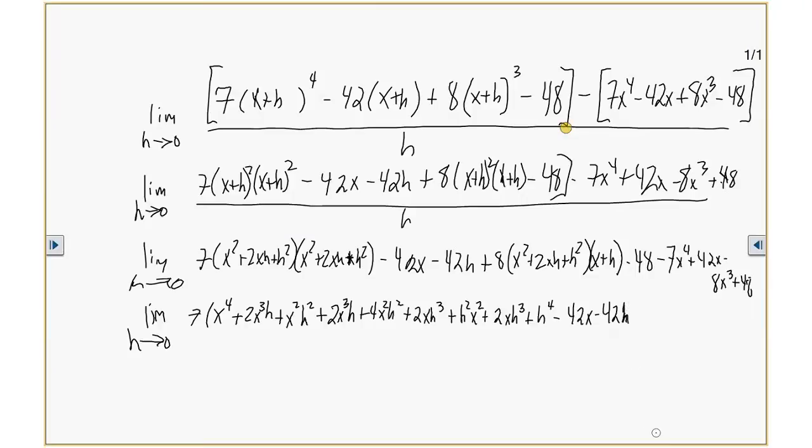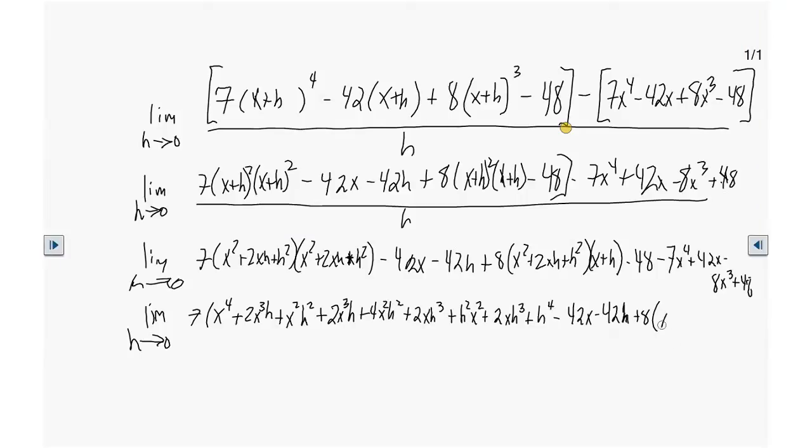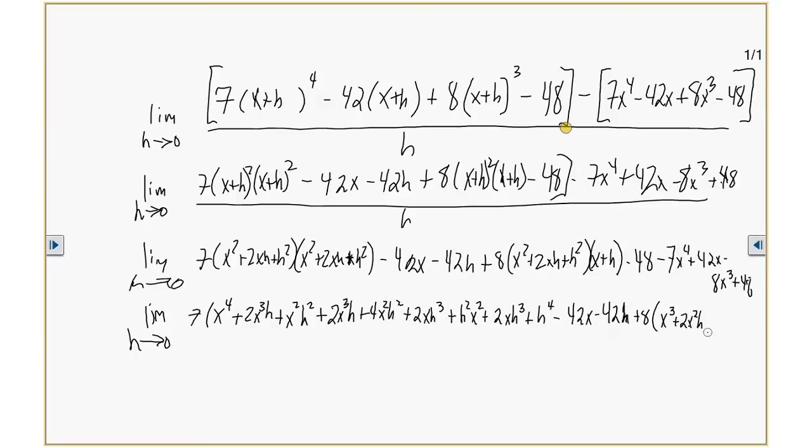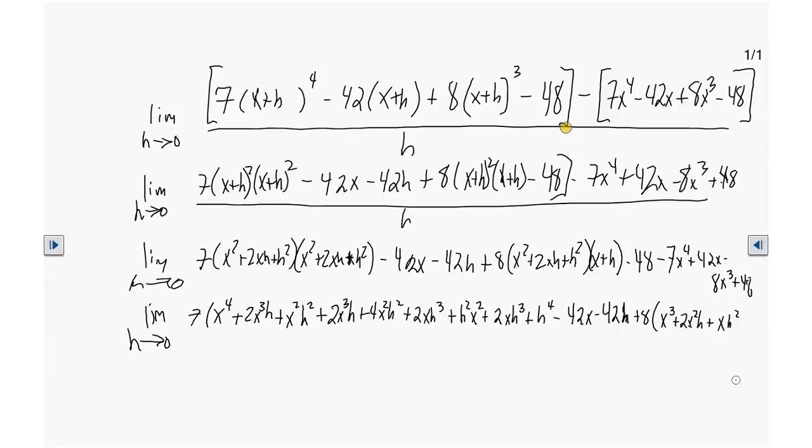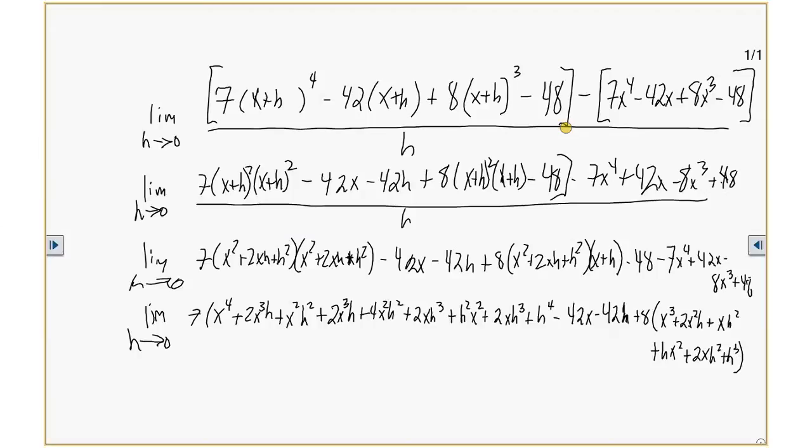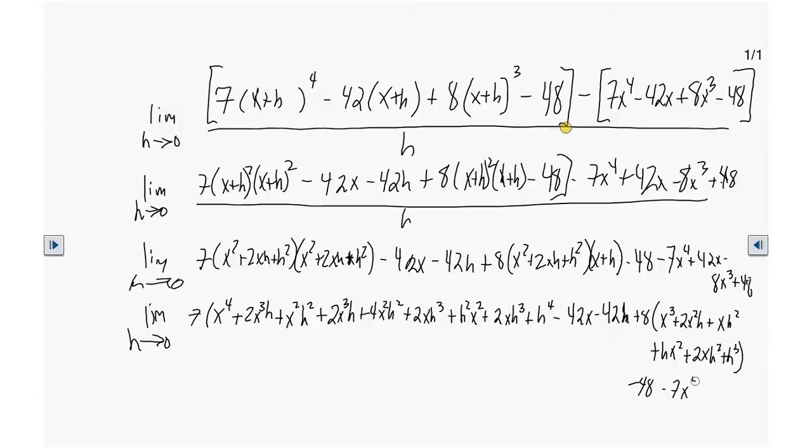Let's do it out of cluster down here, and that's going to be 8 times x cubed plus 2x squared h plus xh squared plus hx squared plus 2xh squared plus h cubed, and then minus 48 minus 7x to the 4th plus 42x minus 8x cubed plus 48.